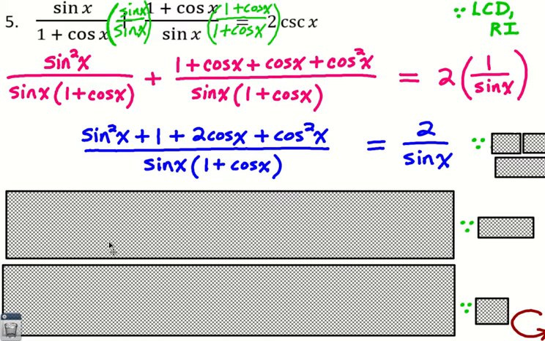So, I got this because I just now added this numerator with this numerator. And I also did a little multiplying, even if it's like a little baby multiplying, let's still write down that this became this because of multiplying.